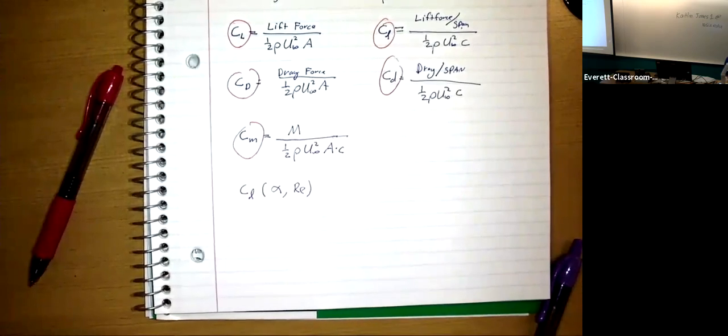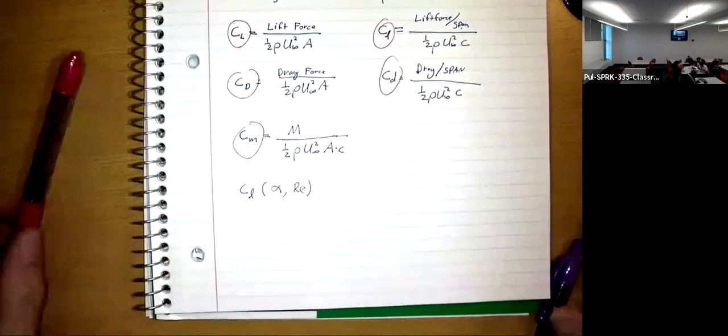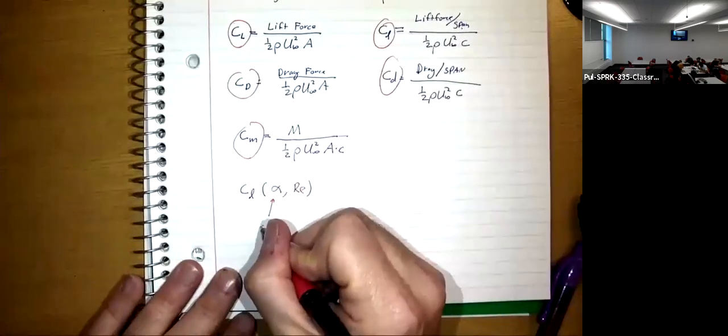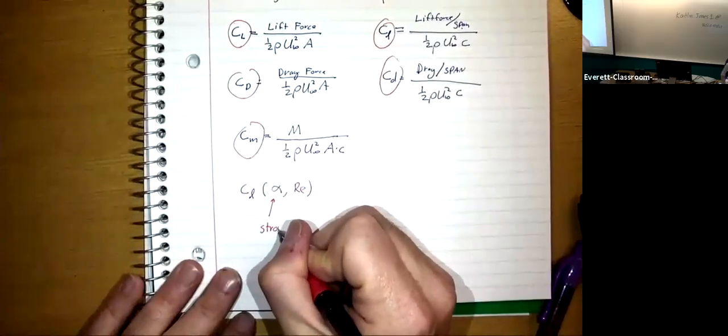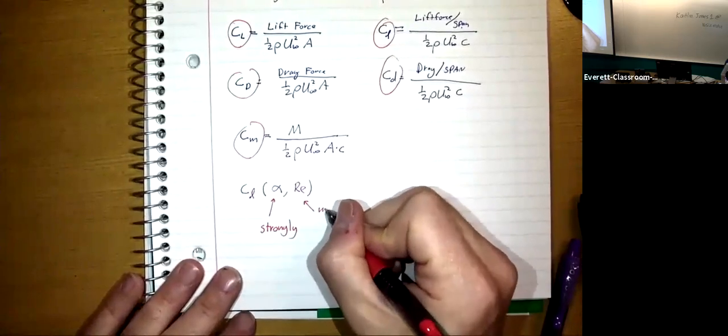But I'm going to go a little bit further. I'm going to say it's a function of angle of attack, Reynolds number, but mostly angle of attack. So I'm just going to put, look, strongly, and I'm going to go weakly.